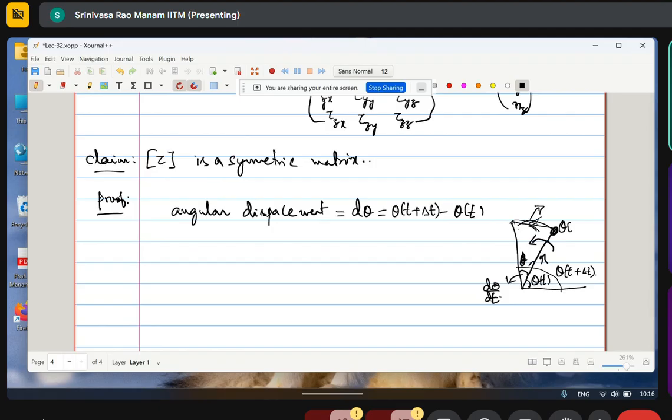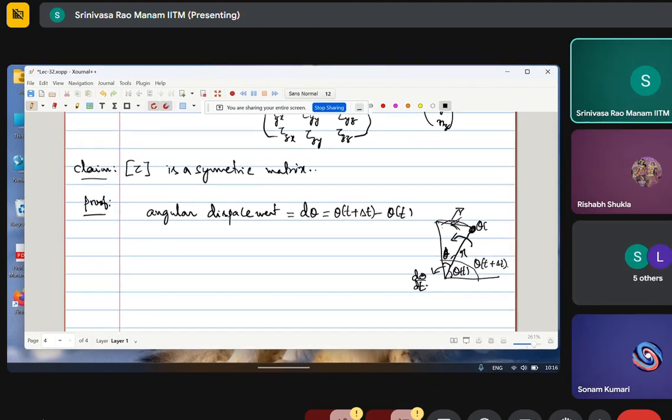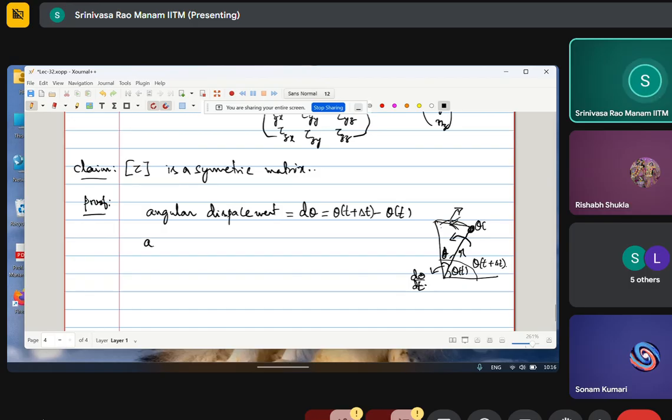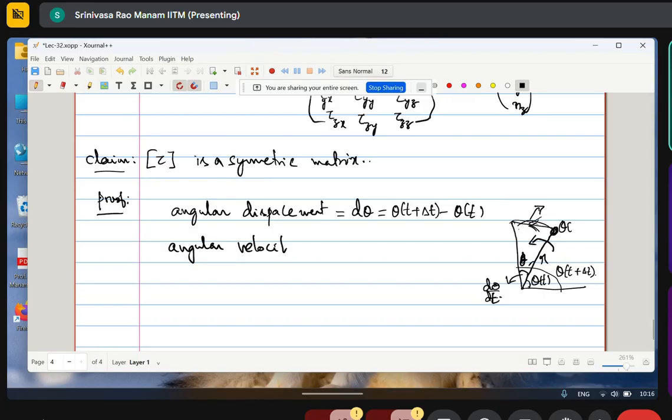So this is your angular displacement. Now, this implies angular velocity. What is angular velocity? D theta by dt, sir. So angular velocity is basically d theta by dt.